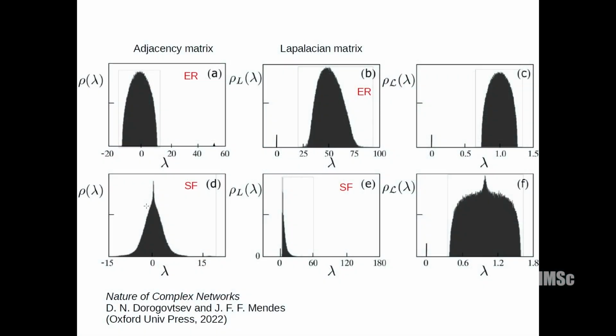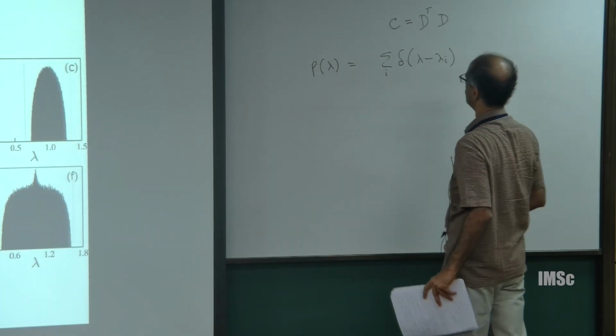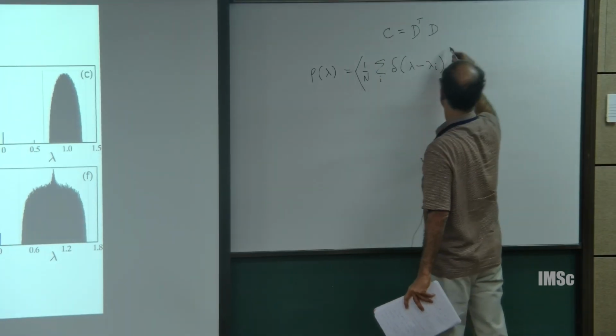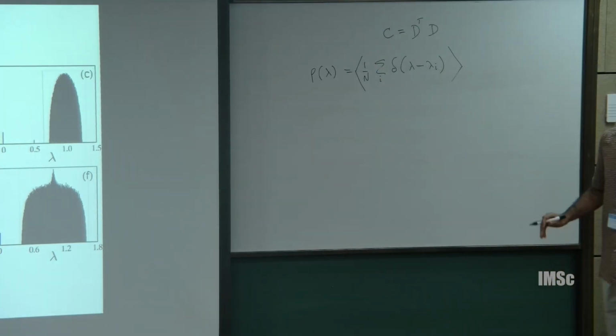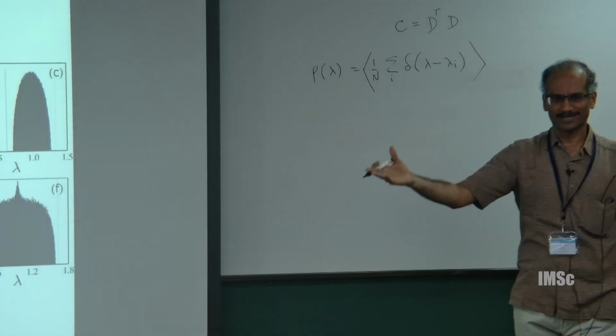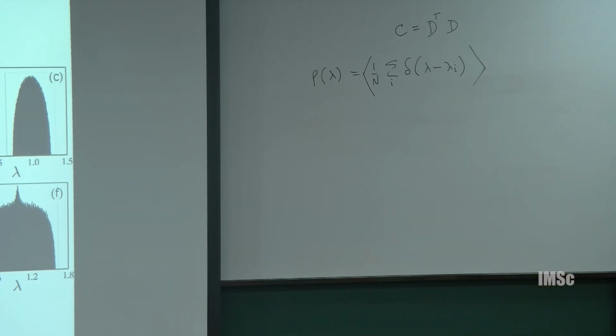Okay. The spectral density can be formally written down like this. Okay, so it can be a very threatening piece of mathematics, but all it says is the same thing that I said before. Simply count the number of eigenvalues in a given interval.